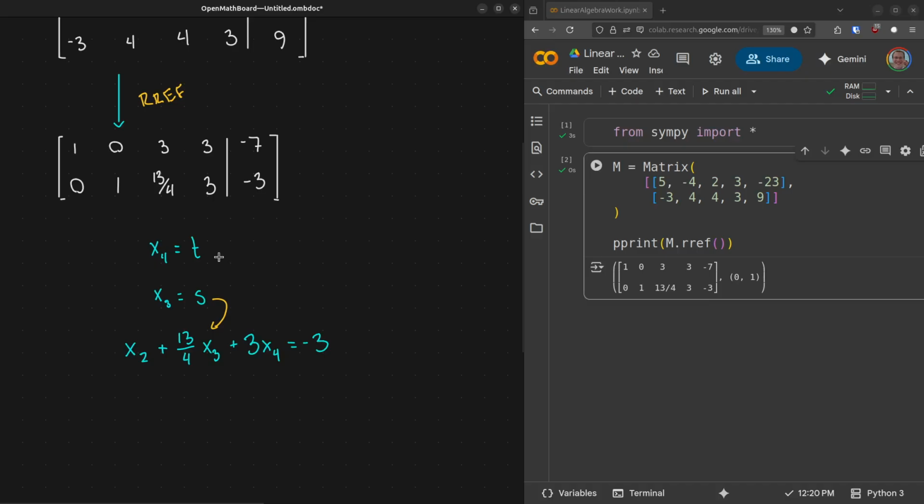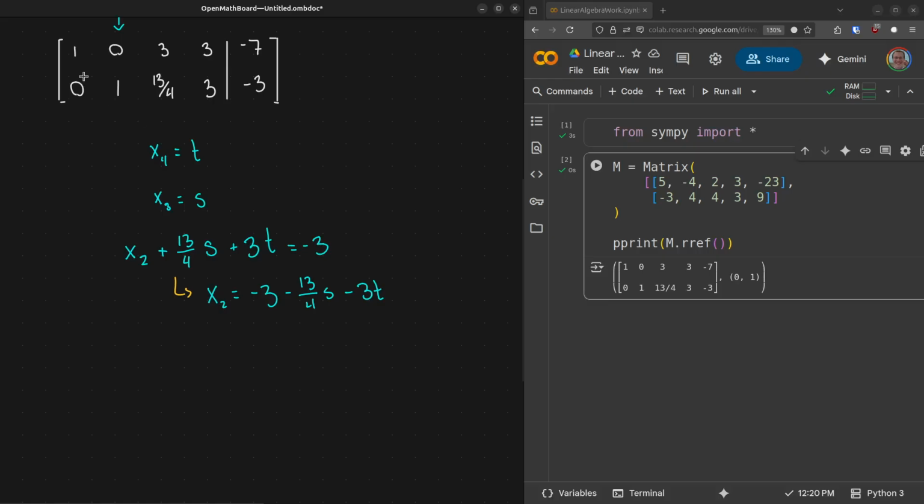And I'm just going to plug these in. So I could express my solution in terms of my free variables s and t. And so I'm just going to solve for x2. x2 is equal to -3 minus 13 fourths s minus 3t.